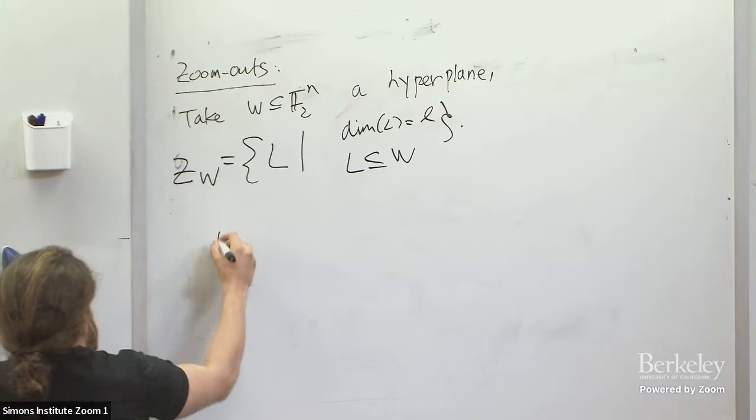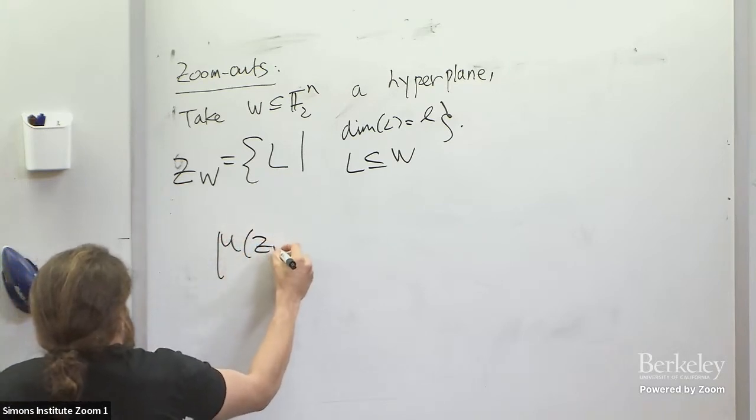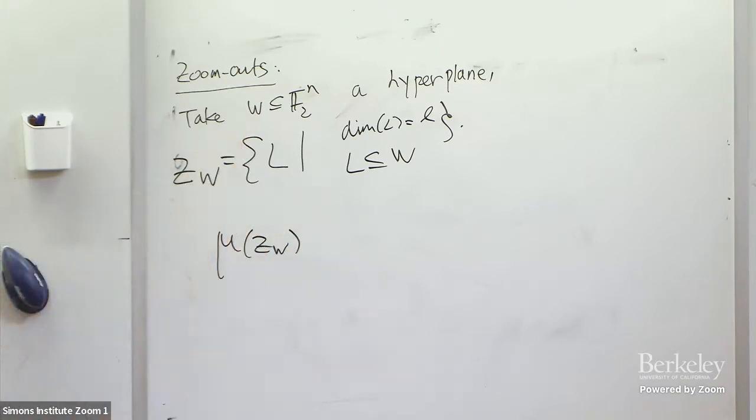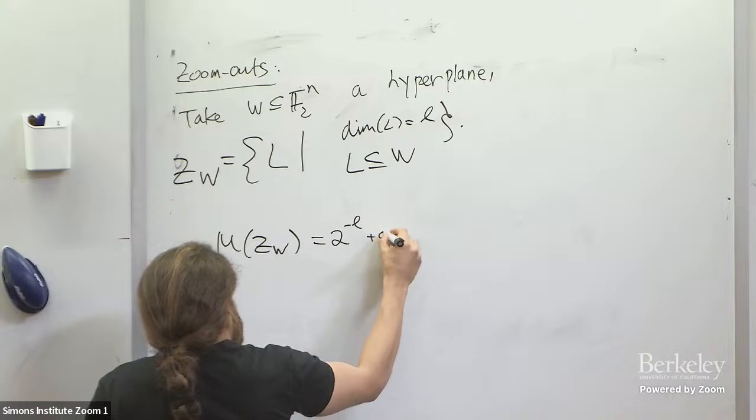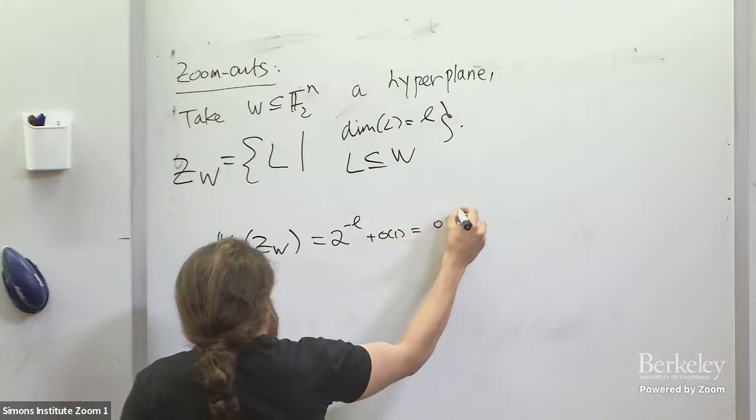Then again, you can compute the measure of ZW. So generating a subspace of dimension L is kind of like generating L independent vectors. W contains half of the vectors, so the probability each one of them is inside W is half. So you roughly get 2 to the minus L. Very small.